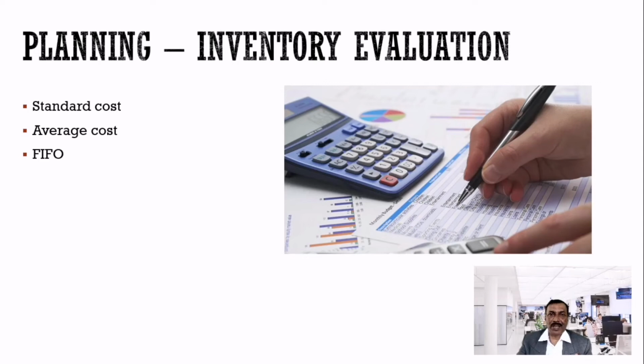Whereas there is one more called LIFO. In the same process, I have paid 80, 90, 100. The last paid price is 100, so I am going to use 100 for all the quantity. That is called LIFO.